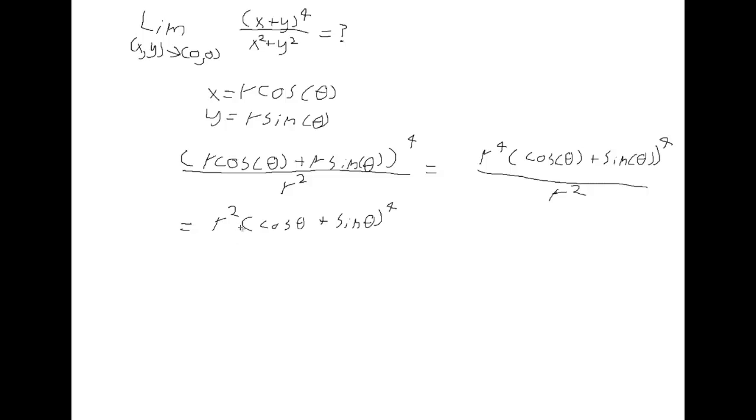Now, here's what we're going to do. We're going to make a couple observations about how this function behaves. And first we're going to start by observing r squared. Now, r squared is a continuous function. It's just going to be a parabola.